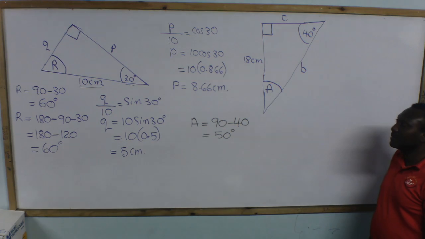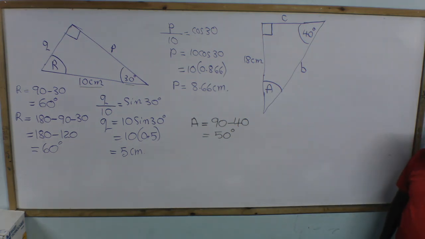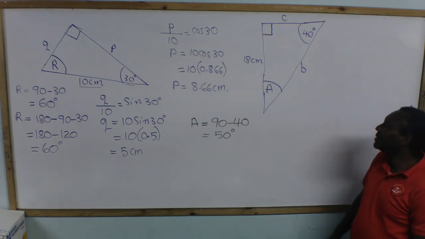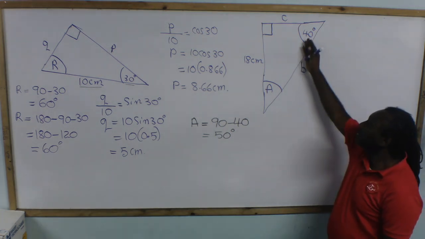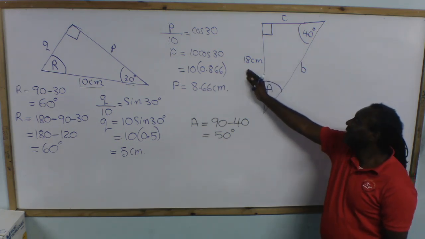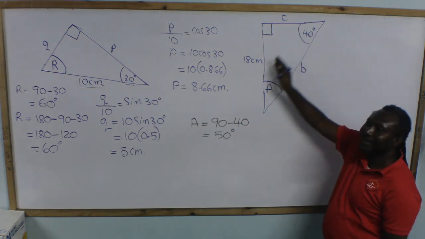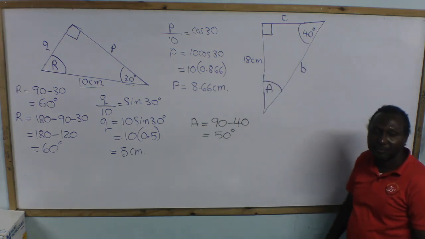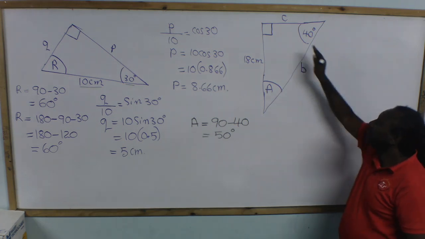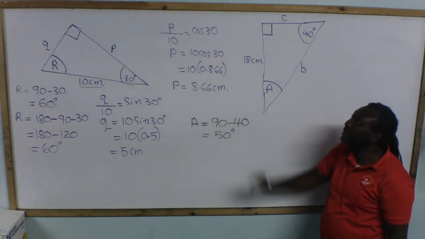Now, if we're about to find C, what will we use? The information that we have there. We use 40 degrees and 18 centimeters. That's what we will use.